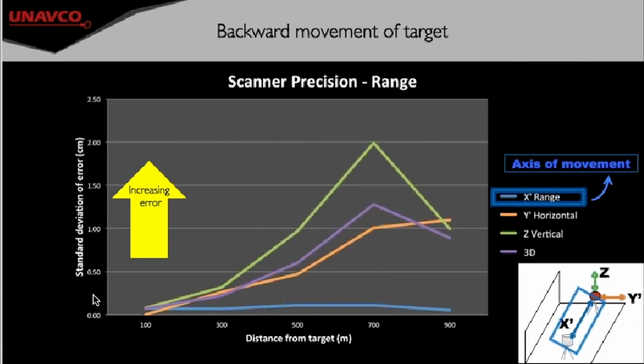Okay, this graph is just like the last one, except this was when we manipulated the range of the target. So not quite as conclusive of results as the last one. You can see that there is an upward trend for both the horizontal movement of the target and the vertical displacement. But there's that giant spike there at 700.